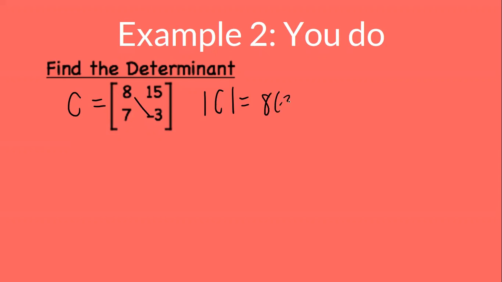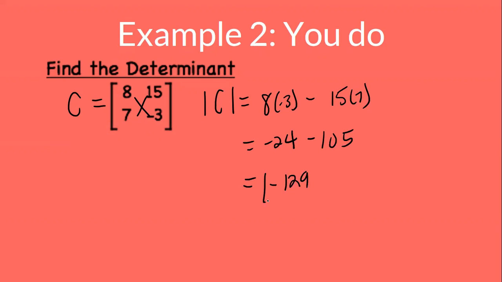That's 8 times -3 minus 15 times 7. That gives you -24 minus 105. And that gives you -129. Good?